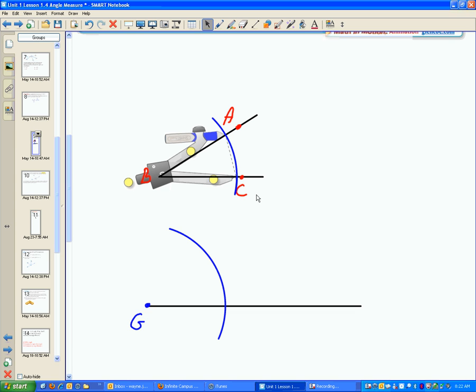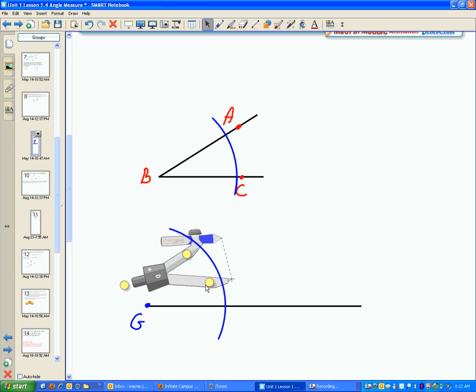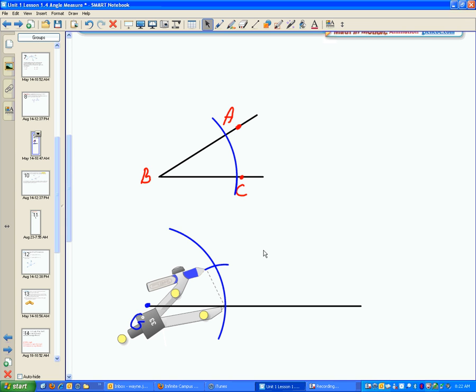Now, I move that without changing that new setting. I move the point down here to where the arc crosses one side of the new angle we're making. And I make an intersection there on the arc.